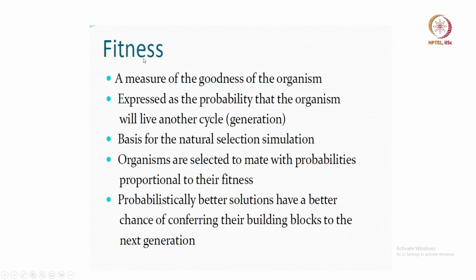Then we come to the fitness. The fitness is a measure of the goodness of the algorithm. It's a probability whether the organism will live for another cycle or not. Okay.